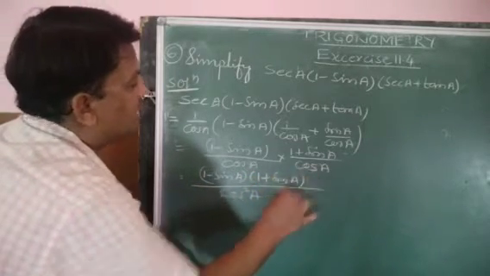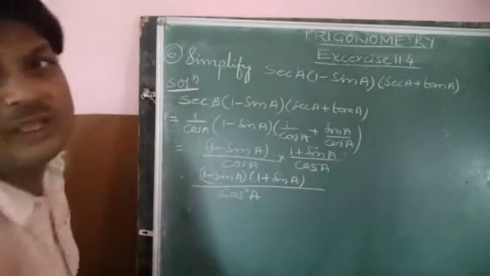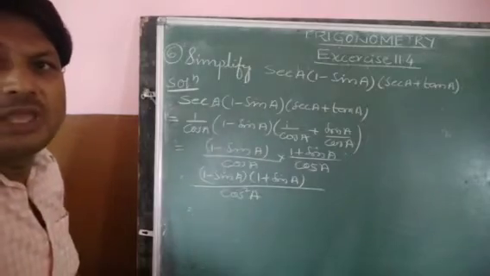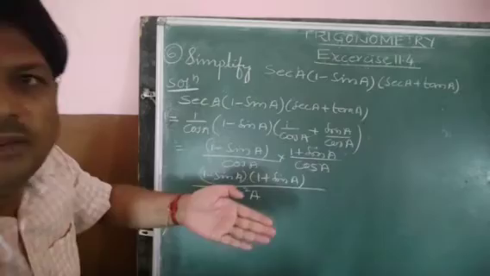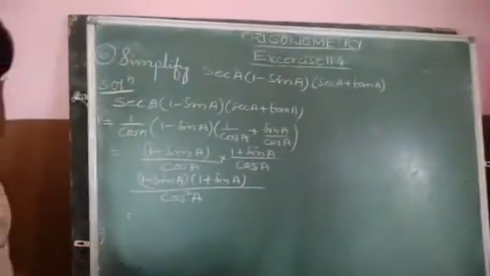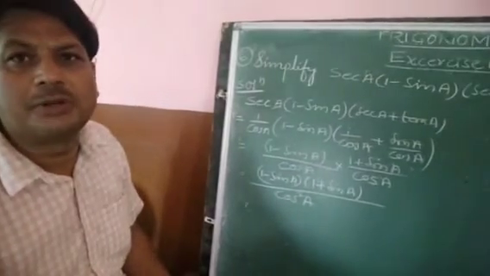So here children it's very clear that it is A minus B into A plus B. Can you see the board children?